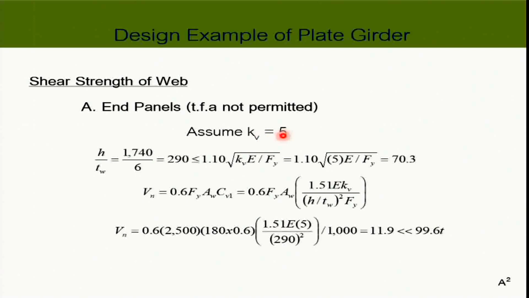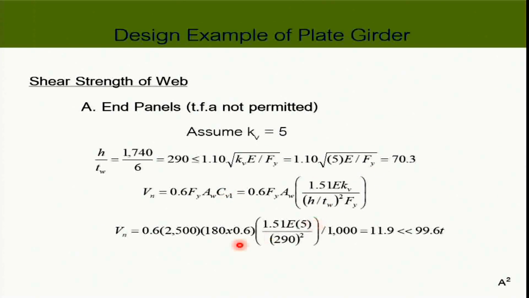So I will plug in Kv equal to 5 here, and see this limit, because of the thin web, it exceeds this. And when I calculate this, I should have changed this into Cv2, I'm sorry. So I have to use the elastic formula for Cv2, not Cv1. This must be Cv2, okay?